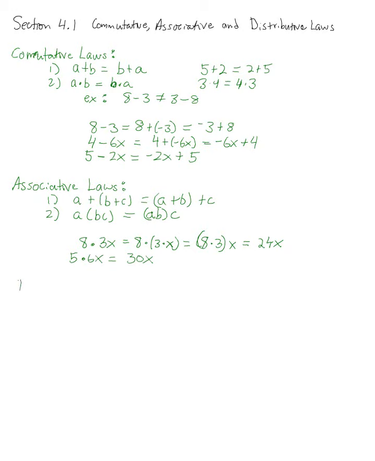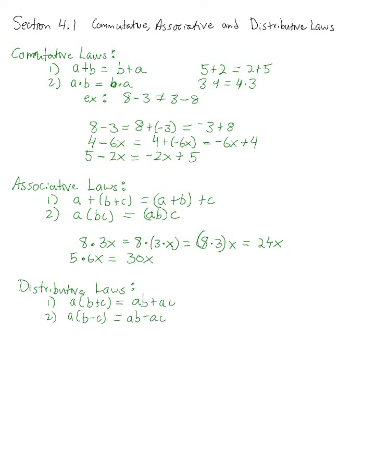Last one is called the distributive laws. And there are two of these also, but they're very, very similar. If I have A times B plus C, that's the same as AB plus AC. Or if I have A times B minus C, that's AB minus AC.